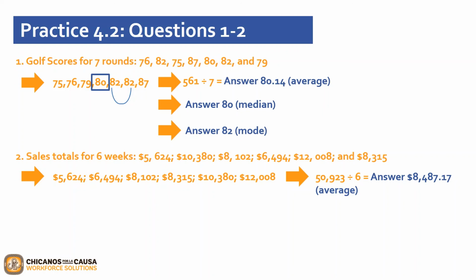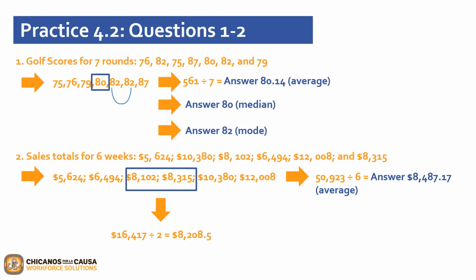Now, we were provided an even amount of sales totals with 6, which means that we're going to have to take that extra step in order to find the median. So we're going to take our 2 middle numbers and find their average, or their mean. If we add those 2 numbers together, we get a total of 16,417.